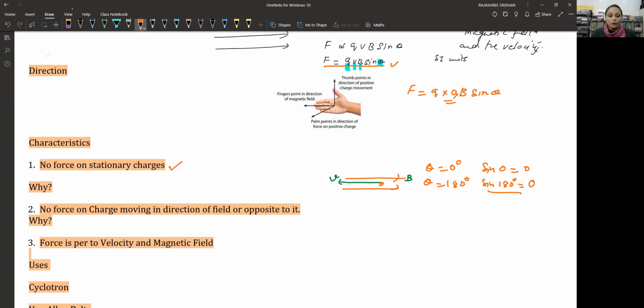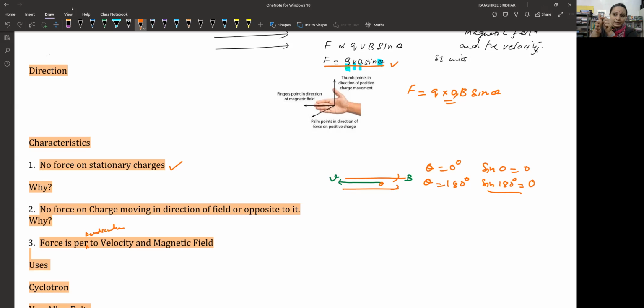Okay, so force is perpendicular to velocity and magnetic field. Whatever the force is, this force is perpendicular to the magnetic field as well as the velocity. What did I say about the rule of the direction?